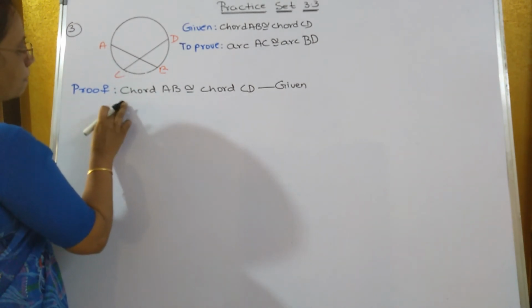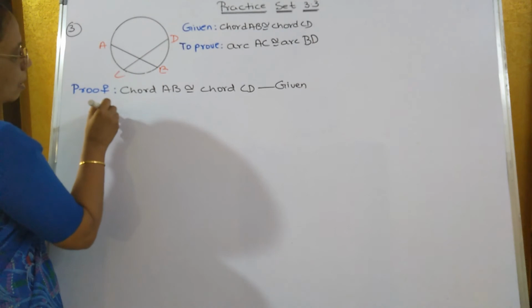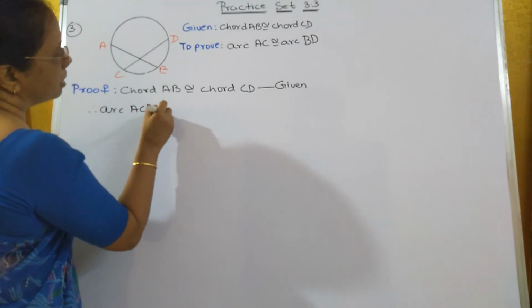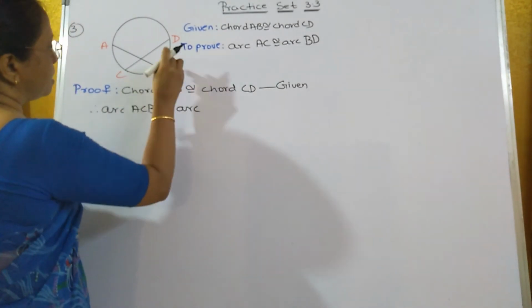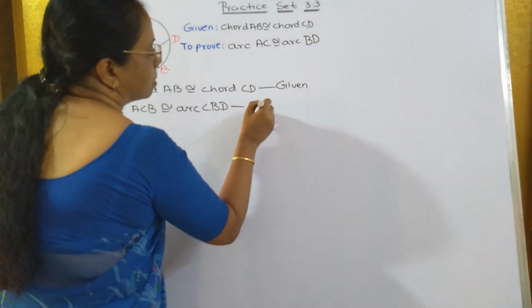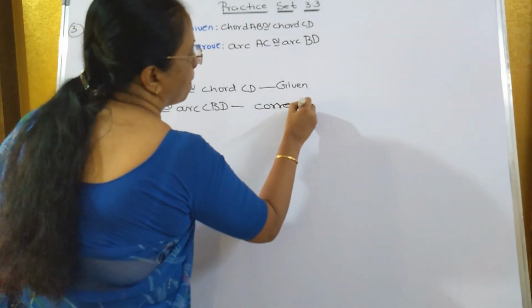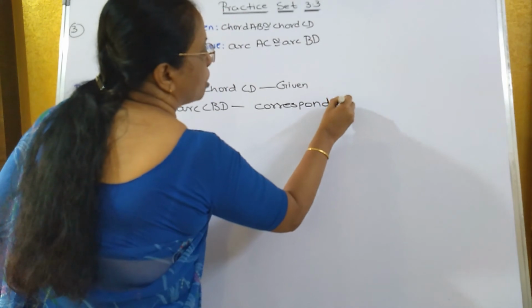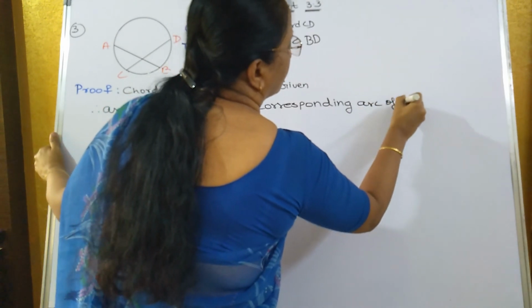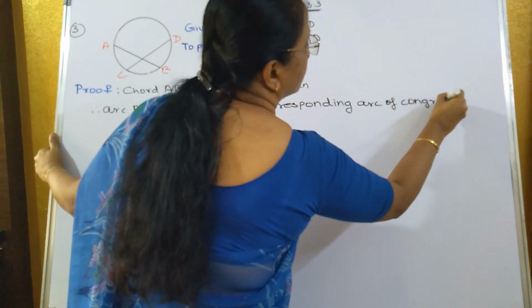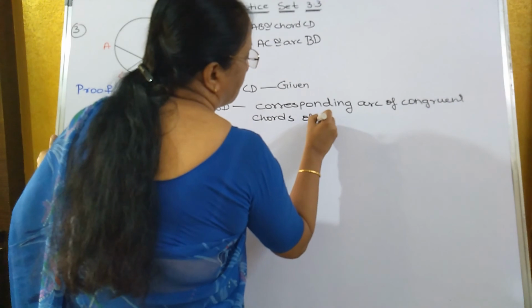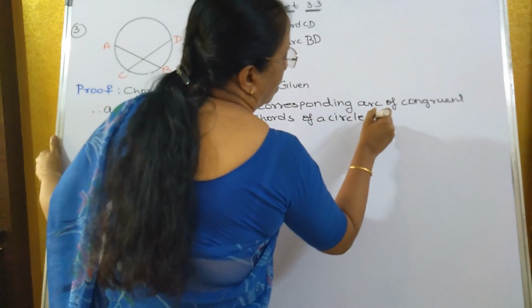Therefore arc ACB is congruent to arc CBD. Reason, what do you have to write? Corresponding arcs of congruent chords of a circle are congruent.